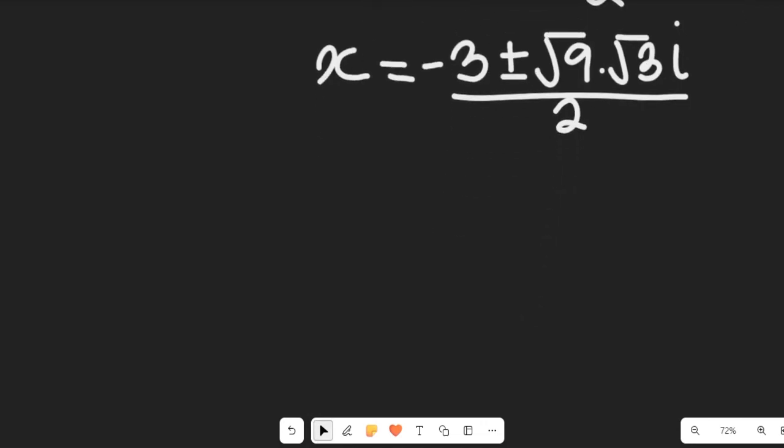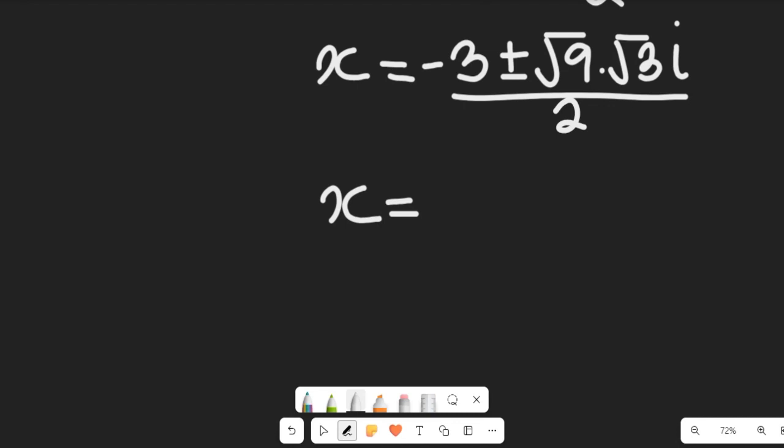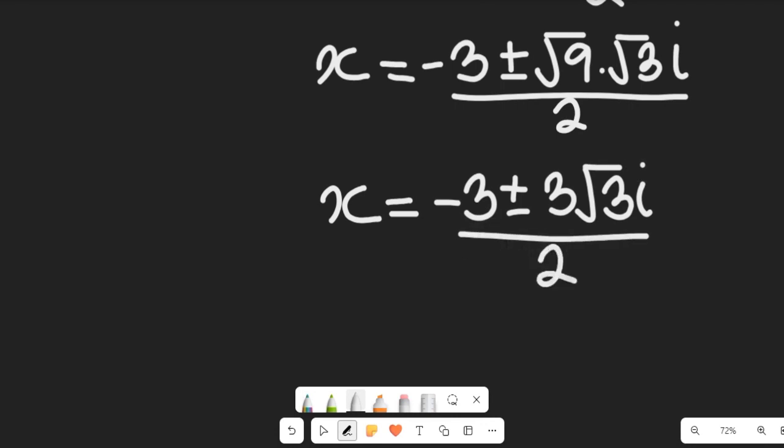Now gradually we are getting the solution. The value of our x will now be equal to negative 3 plus or minus 3 root 3 j divided by 2. So this whole thing will now give us a negative and a positive. So if we have that to be x2, this is going to be x3.